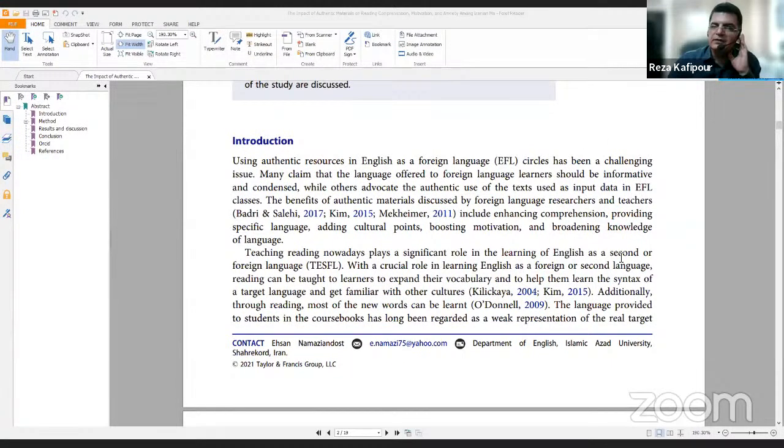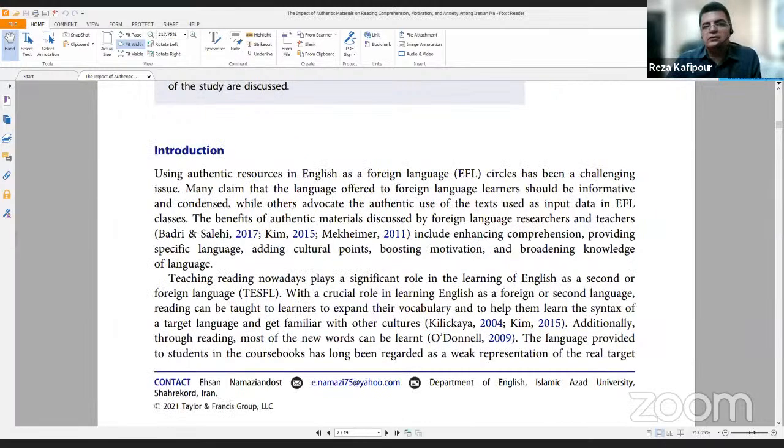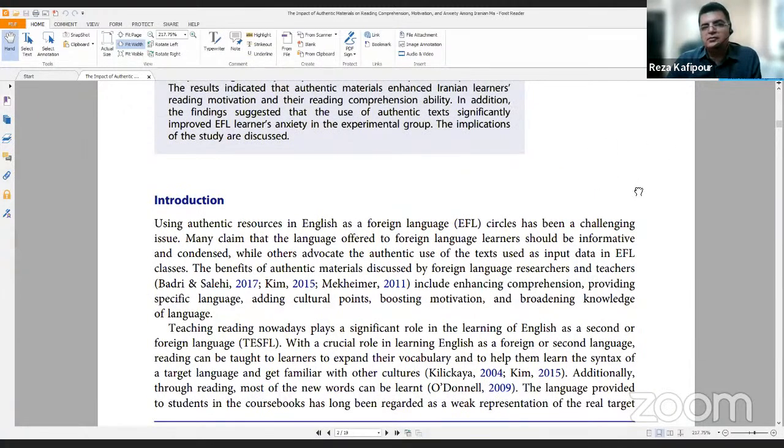Okay, you said how can we find the background, or let's say the research gaps, from the introduction? See, if you mean finding the research gap that was introduced by this research, it is something else. But if you want to find a gap based on this research in order to initiate another research project, it is not possible to do based on one piece of research.